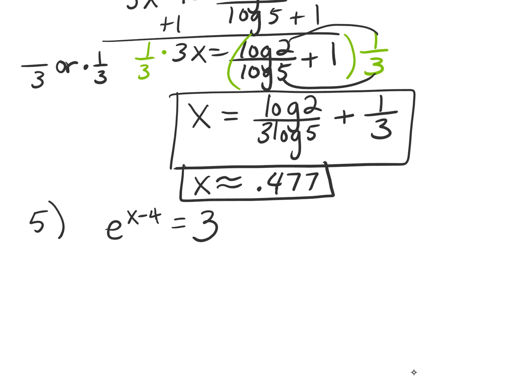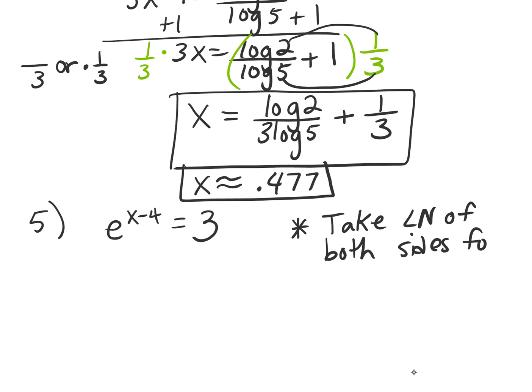Now, another option is you can take, instead of log, you can take the ln of both sides for E. Really, you could do this with any of the questions, but you definitely want to do this for E. And the reason why is that ln of something is the same as log base E of that number.